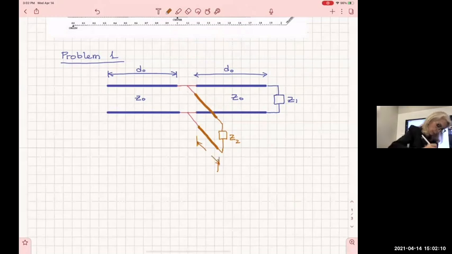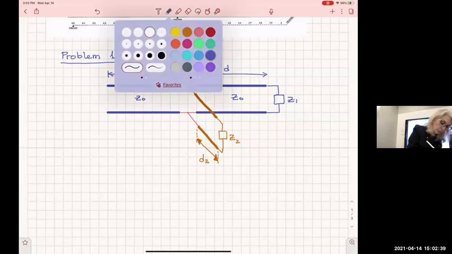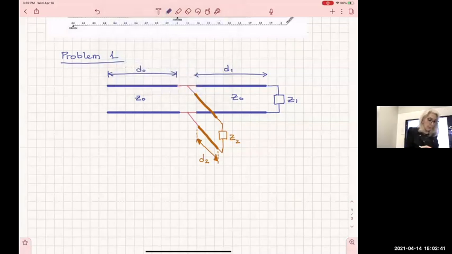In fact, I could make them D2, like this, there, there. So I can call this one to be D2. And then in fact, I can call this D1, just, and then I can give it the symbol D1, just for that.